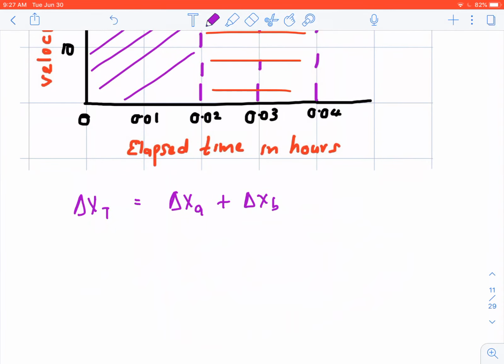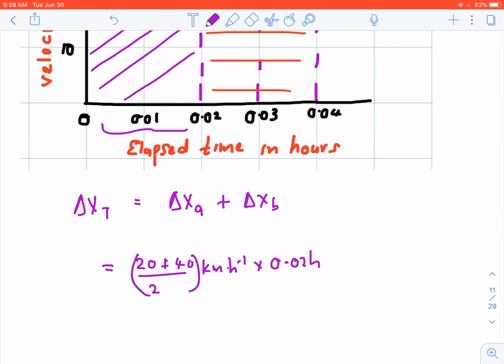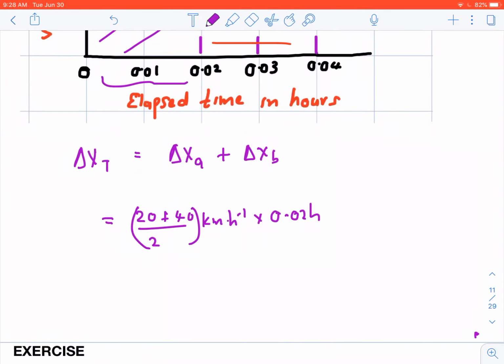Okay, so let's say it's equal to 20 plus 40 upon 2 kilometers an hour times our total time, which is 0.02 hours, and that gives us 0.6 kilometers.